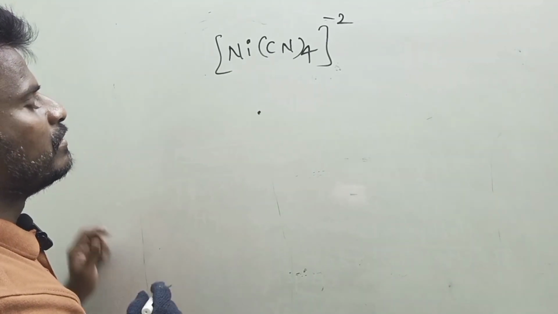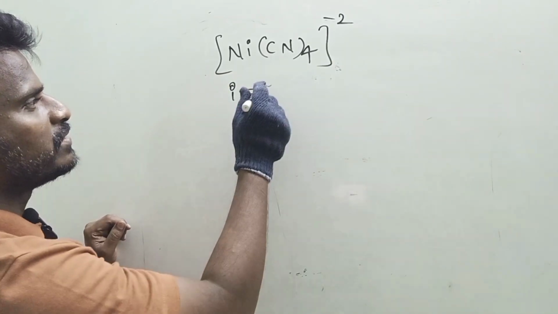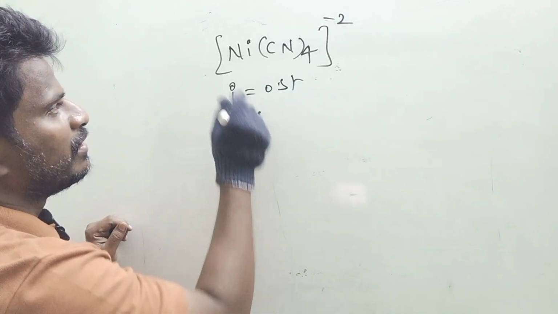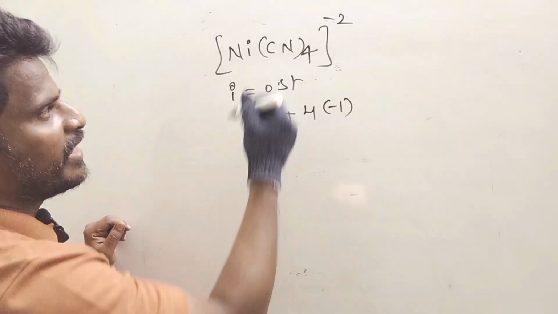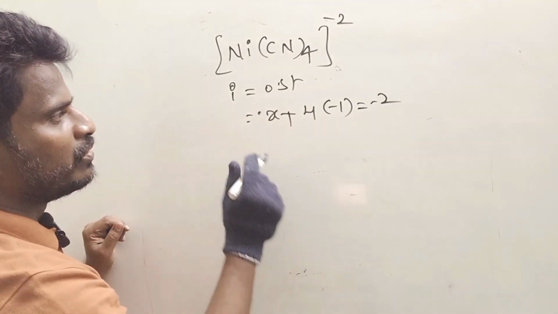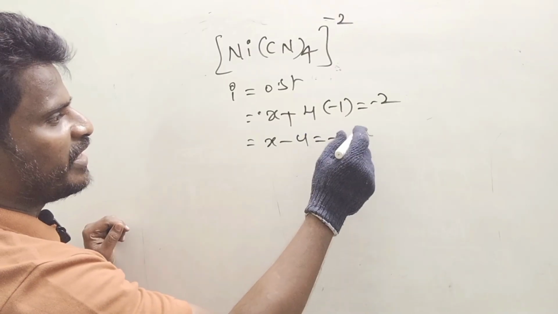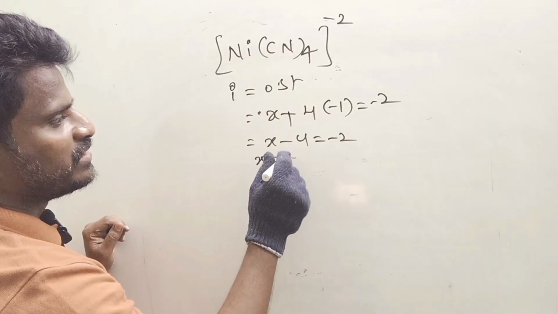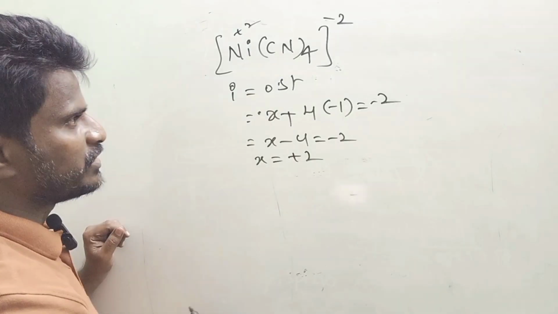Tetracyanonickelate complex. Primary valency of this complex is oxidation state. Nickel is X and there are 4 cyanides. Each cyanide has -1 charge. Then the complex has -2. Then X minus 4 is equal to -2. X is equal to +2. Nickel is in +2 oxidation state.